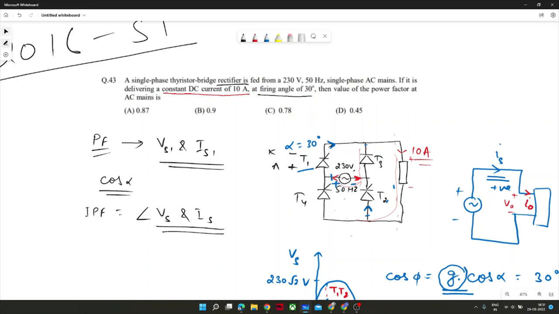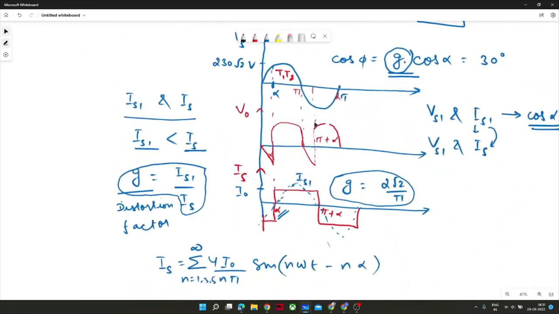And how, from the graph, do you say that the angle between fundamental voltage and fundamental current is cos alpha? So I showed you this waveform, you can visualize Is1.